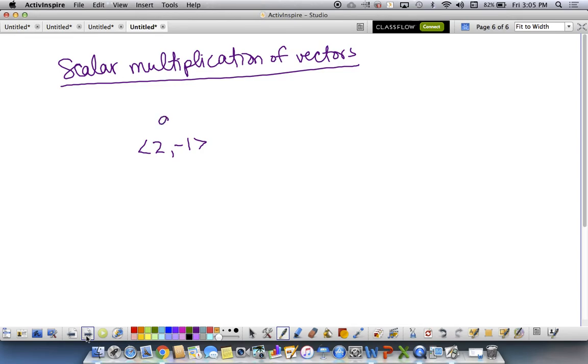So this was Q. Now all 3 of them, I could say plus the next one, plus the next one, okay? Or I could take a scalar number, which is just, in this case, the number 3.